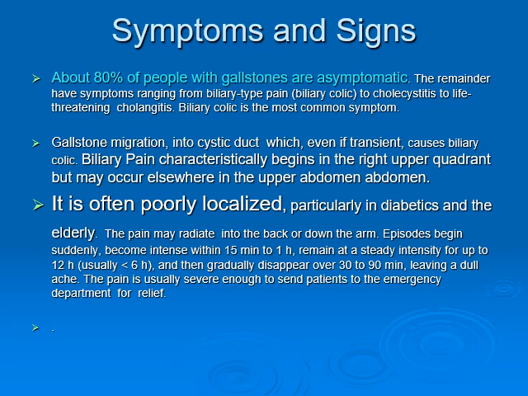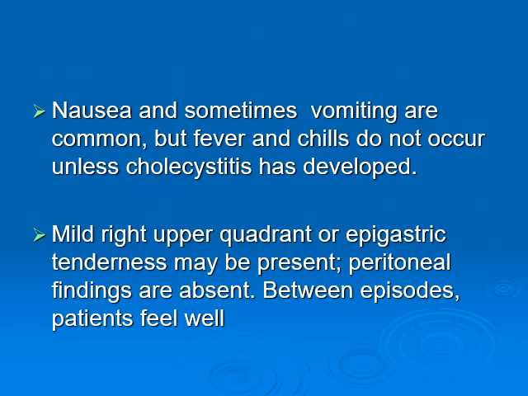Usually, this pain is severe enough to send the patient to the emergency department for relief. Like any visceral pain, biliary pain is usually associated with nausea and vomiting, and these are considered a manifestation of autonomic nervous system disturbance, which is associated with any visceral pain.